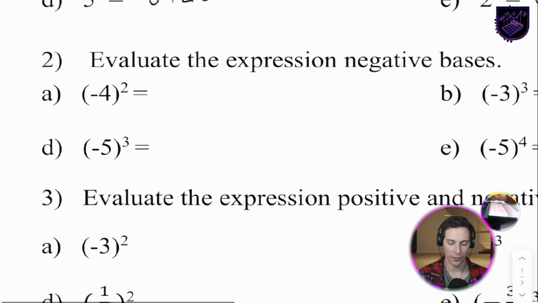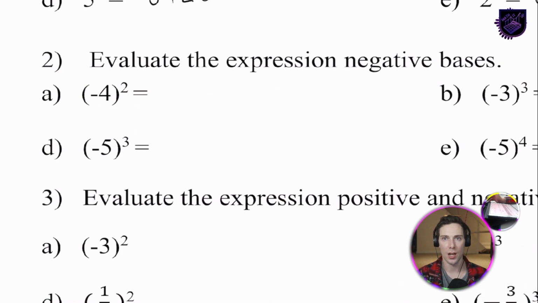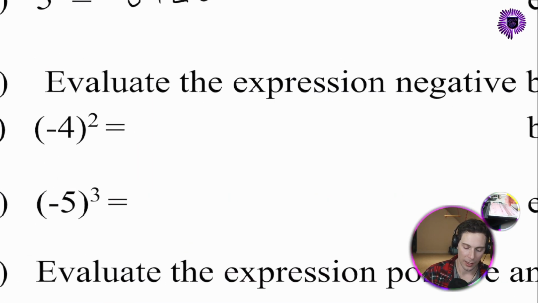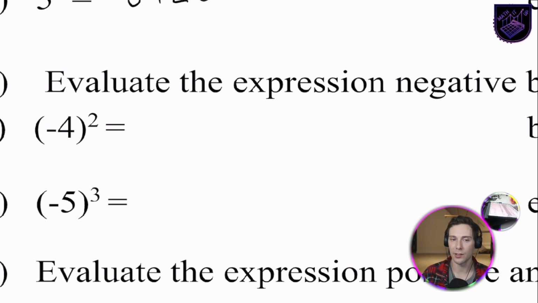Now, evaluate the expression with a negative base. So, same idea, but the bases are negative, so we have to pay attention to the positive, negative answer. And the rule generally is if there's an even number exponent, it's going to be positive, and if there's an odd number exponent, it's going to be negative.